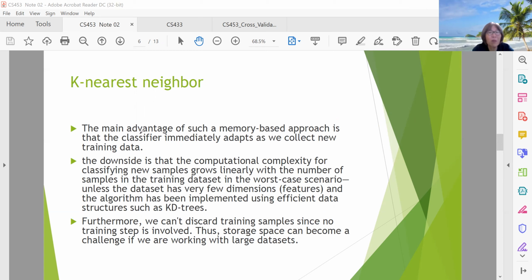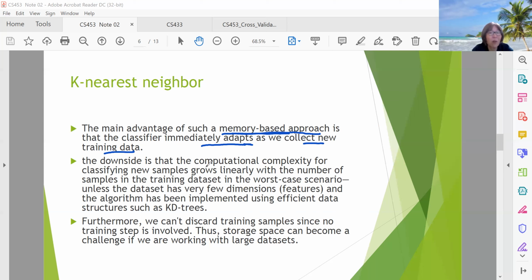So it is a memory-based approach, because you need to find the K neighbors. The advantage is it can adapt pretty fast when it gets new training data. Okay, so that's its advantage. But of course, the downside is also because of the memory-based approach.